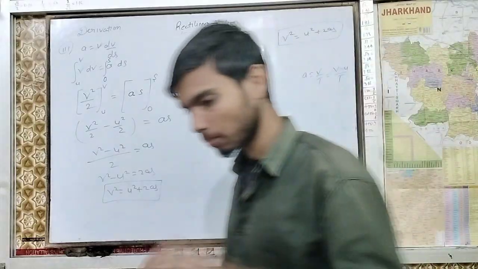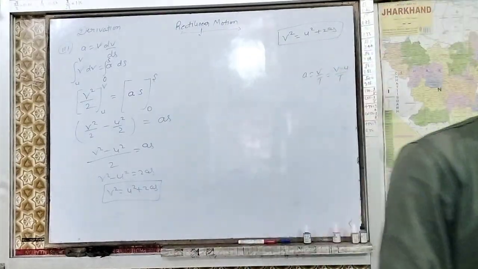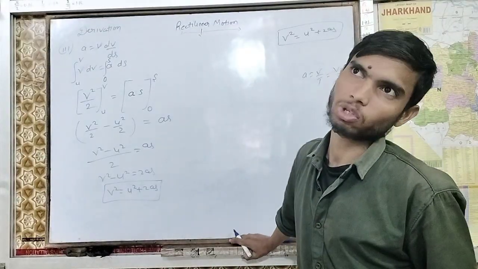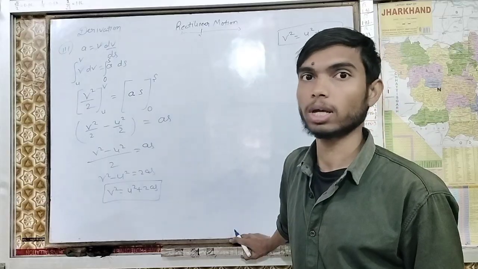For the third equation, with v, which is final, v² will come, v² minus u². But on the right hand side is what? 2as. Yeah, you can see, so v² = u² + 2as.